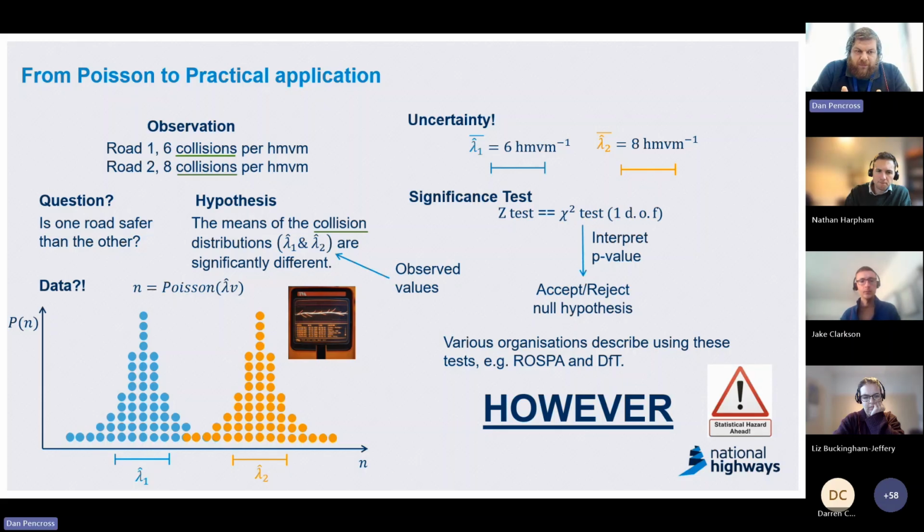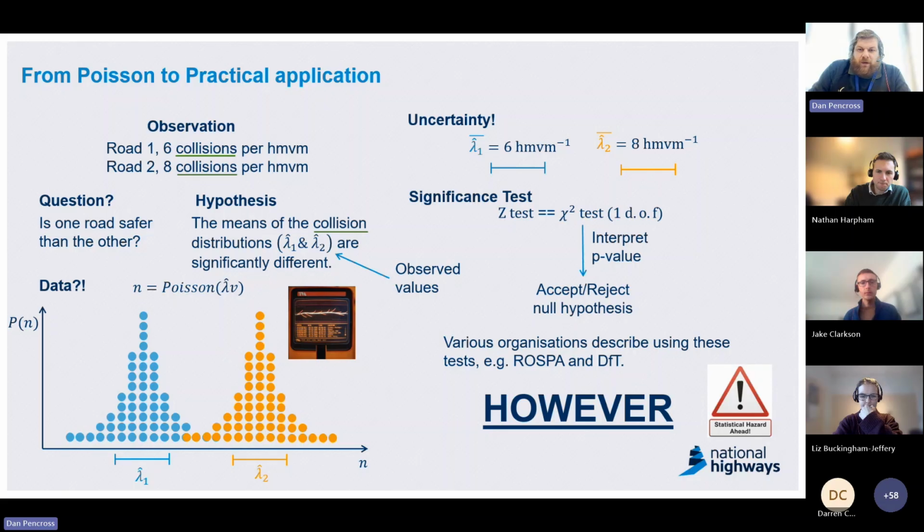As we build up our distribution, ultimately we get our lambda 1 distribution and our confidence interval. Here, this is just representative of a 95% confidence interval, because that's what is convention. We've got this for road 1 and we've got it for road 2.